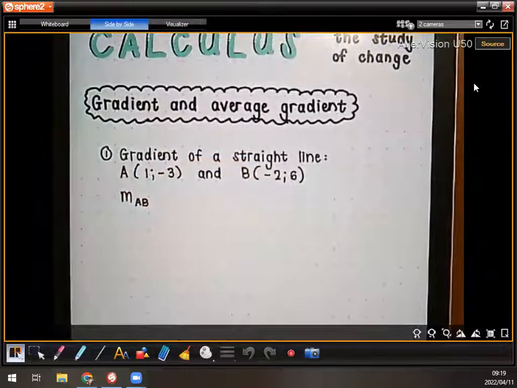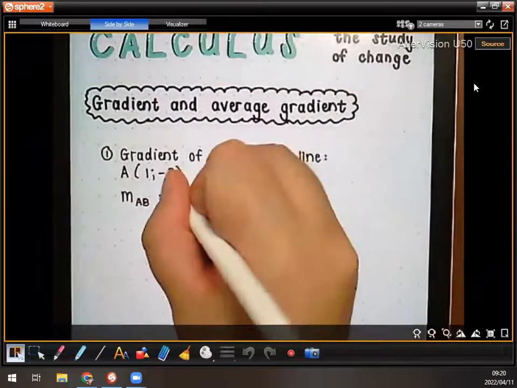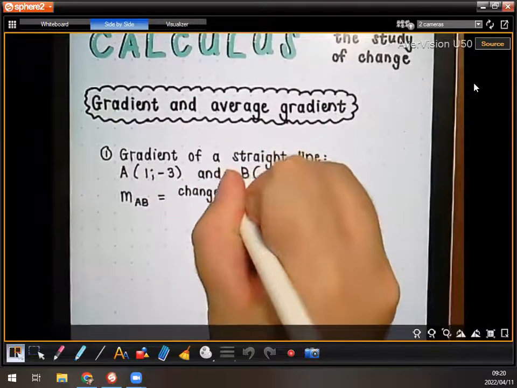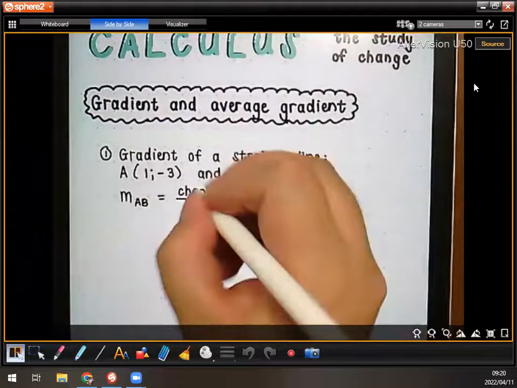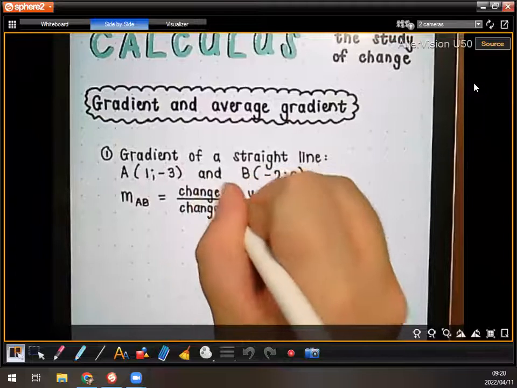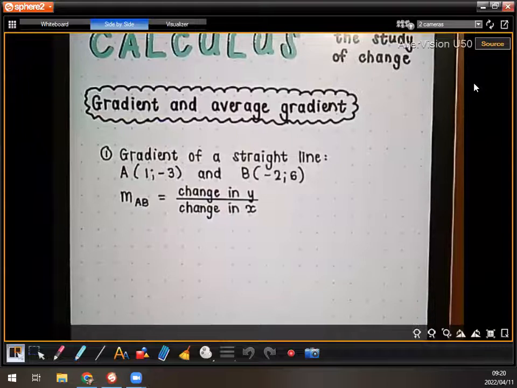Remember for gradient, the lowercase m always. And if you want to say that it's the gradient of a specific line, then we use that as a subscript. So the gradient of AB is change in y over change in x. But you obviously don't have to write that every time you're calculating it. You can just calculate it. You don't have to write the formula. You can also use delta, the triangle with a y or the triangle x.